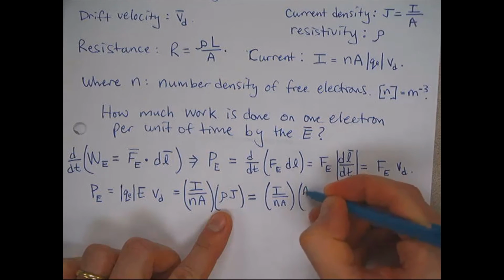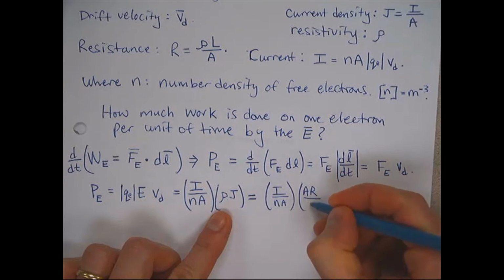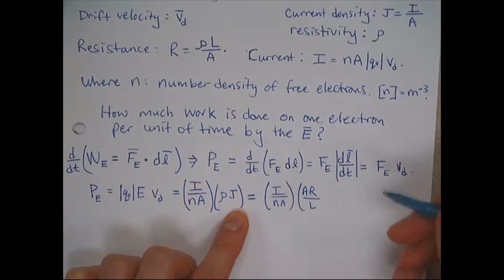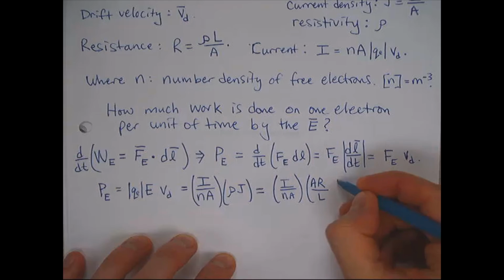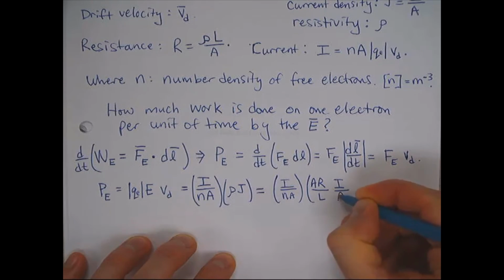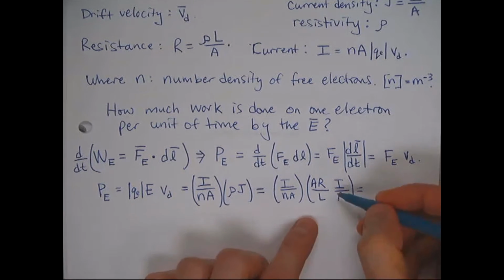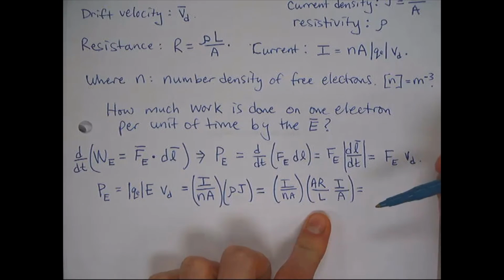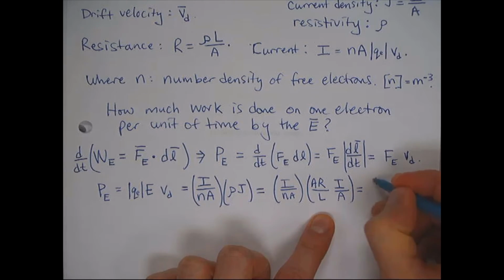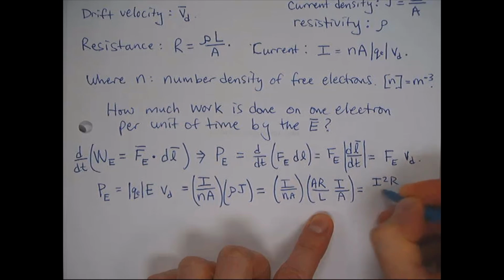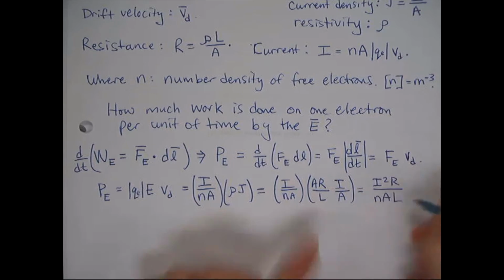So this is rho now, AR over L. J magnitude is current over area. See, one factor of area cancels out. What we're left with is I squared R divided by lowercase n AL.